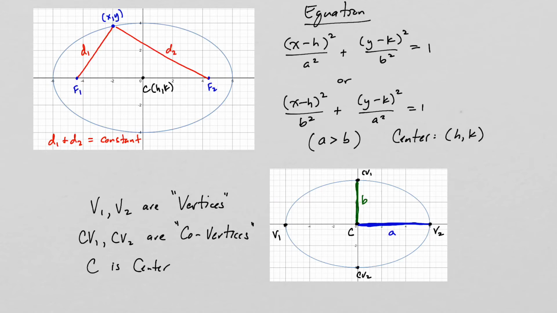Okay, but don't worry too much about major axis, minor axis, focus, etc. What we're focusing on in here is just getting the basic graph of the ellipse. And it turns out that it is really, really easy to get that graph. Let's do some examples.